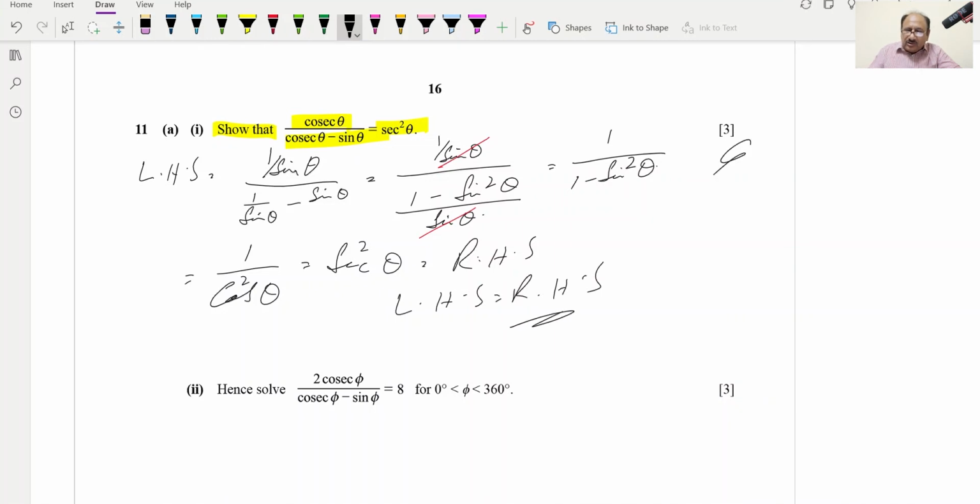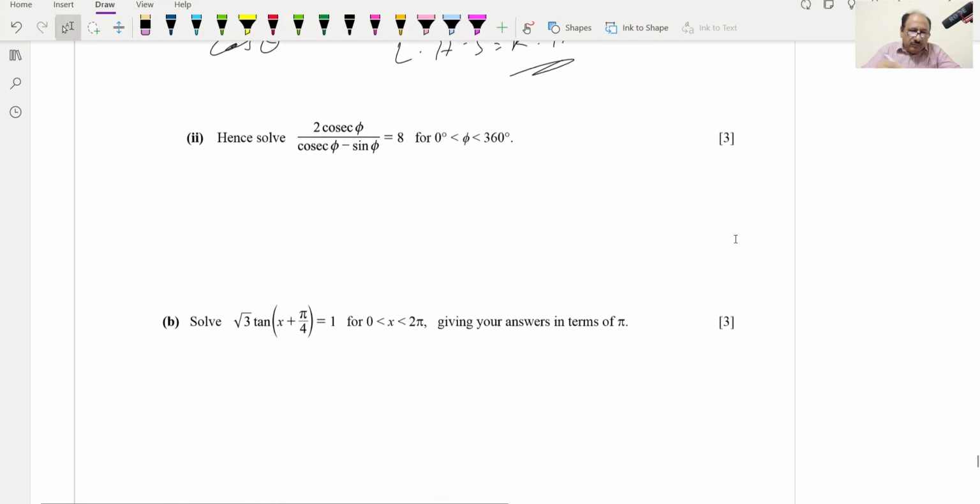This was the 3 marks part which we are done. Now we can move to the second part. Hence solve this one: 2 cosecant phi over cosecant phi minus sine phi.